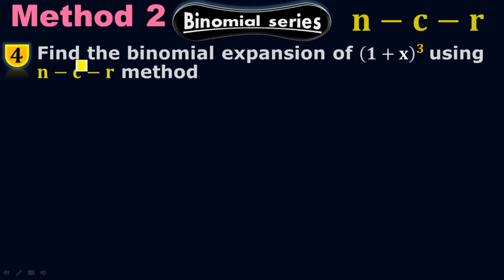Sometimes they may ask to find the binomial series, and sometimes the binomial expansion. Binomial series means to expand this term, therefore we can call it binomial expansion. This time I'm using the NCR method. NCR is n choose r. The given expression is (1 plus x) to the whole cubed.